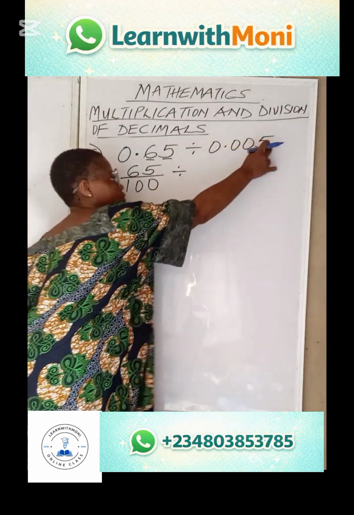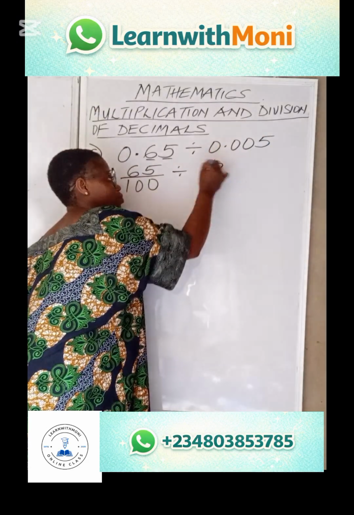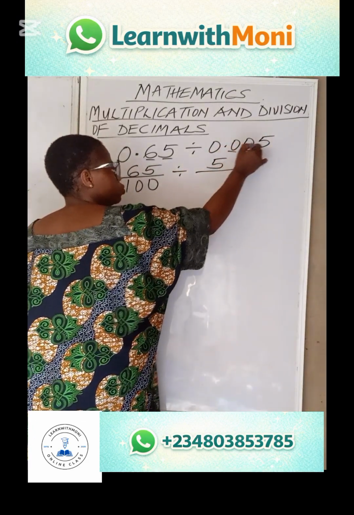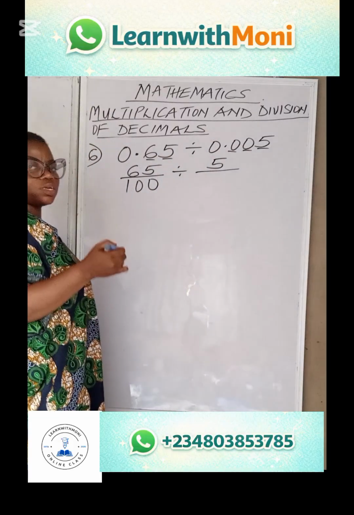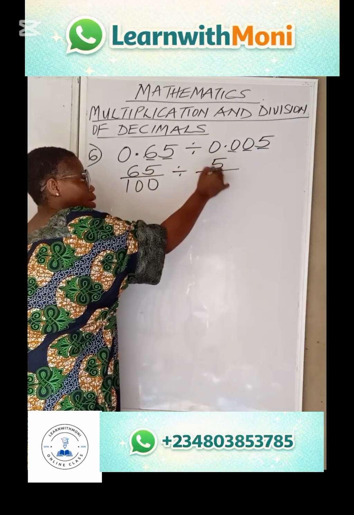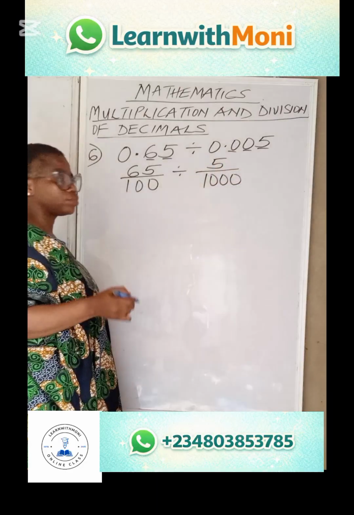Divided by the first non-zero digit, which is 5. That's going to be my numerator over 1, 2, 3 zeros at the back of the decimal point. That's divided by 1000.